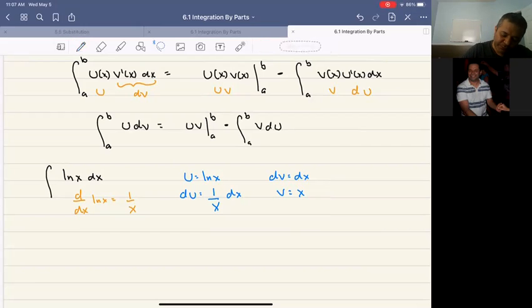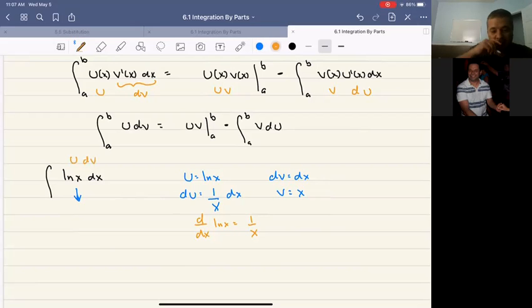Now what does this become? So this is u dv. The integral of u dv equals uv minus the integral of v du.